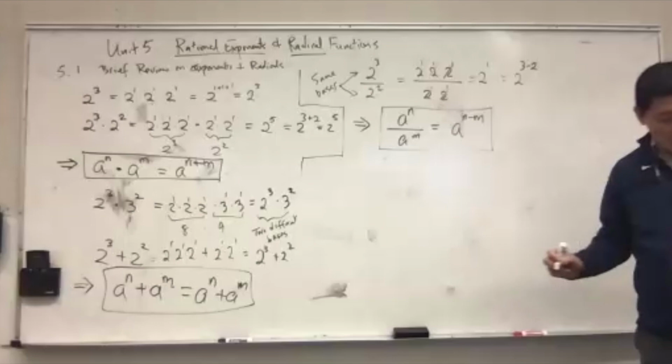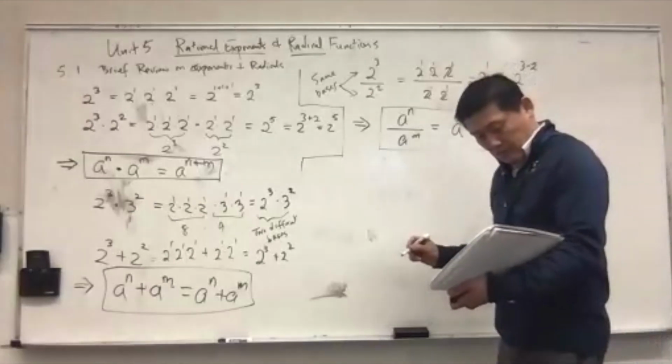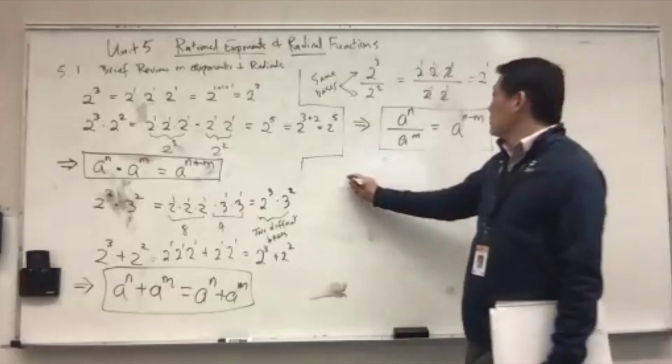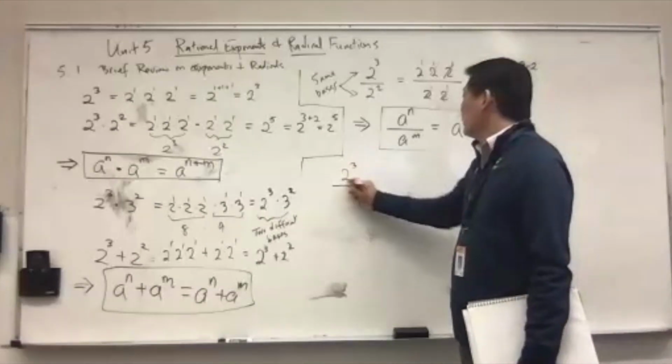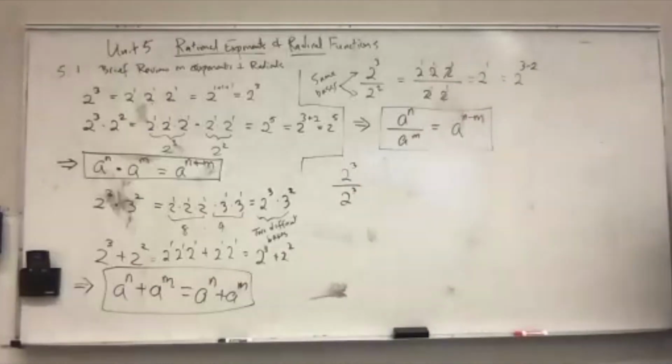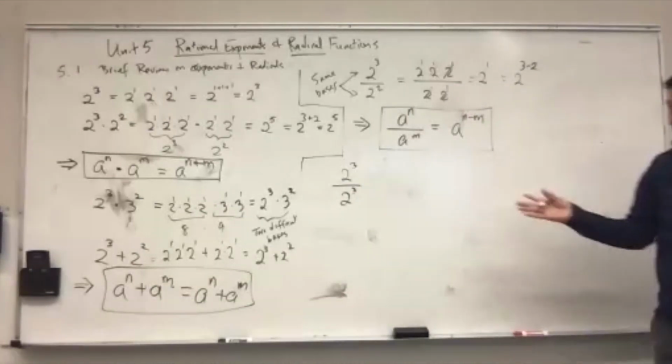Okay, next one. We're going to keep building this up, okay? 2 to the third power divided by 2 to the third power. Now we know immediately this is equal to 1, right? Makes sense.